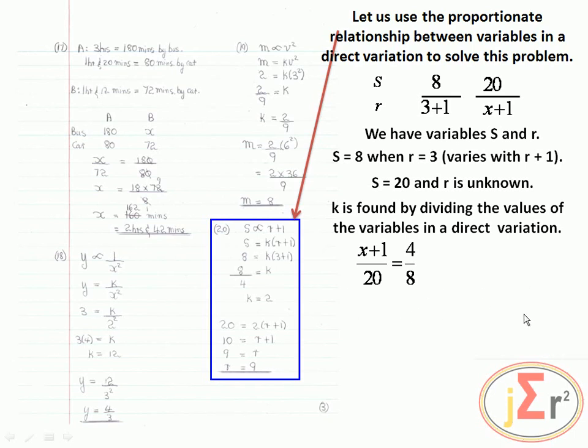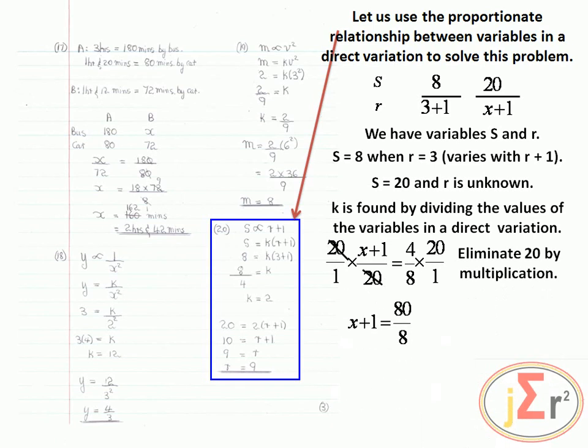And what do we do next? Eliminate this 20 from the left hand side on which we have the unknown. So eliminate 20 by multiplication. 20 will go, and what is the result? X plus 1 is equal to 80 over 8, which we reduce by a common factor of 8. 8 into 8 is 1. 8 into 80 is 10.